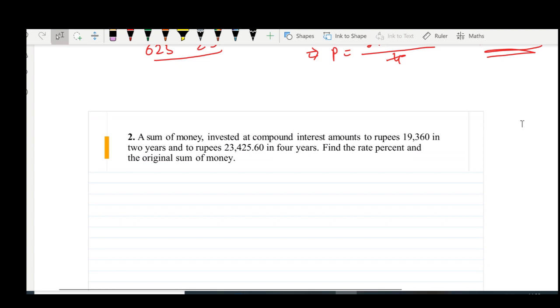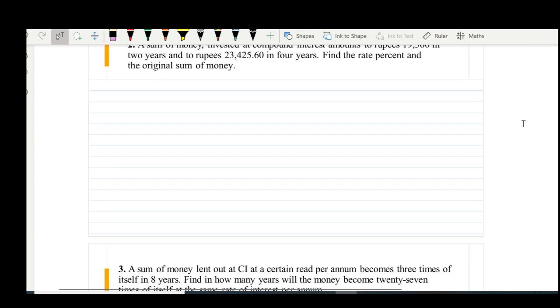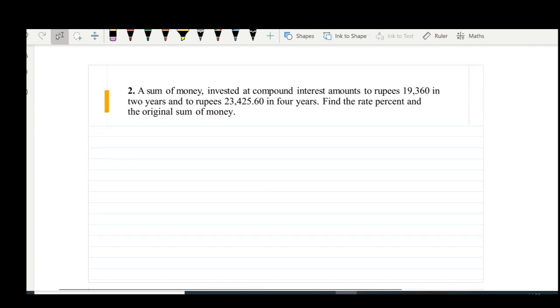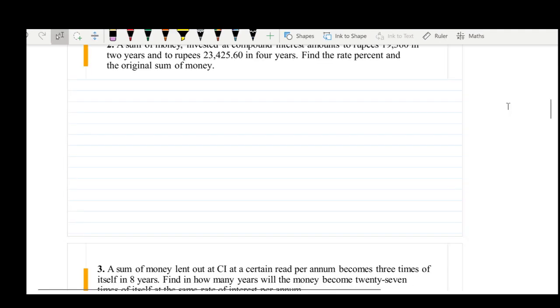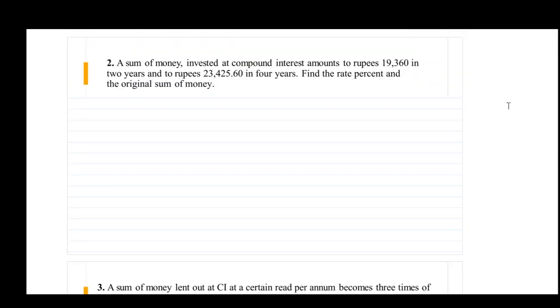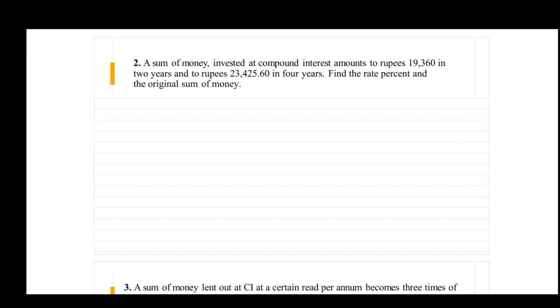Let's do the second question. A sum of money at compound interest amounts to rupees 19,360 in 2 years and to rupees 23,425.60 in 4 years. Find the rate percent and the original sum. So we don't have the original sum as well as the rate percent.